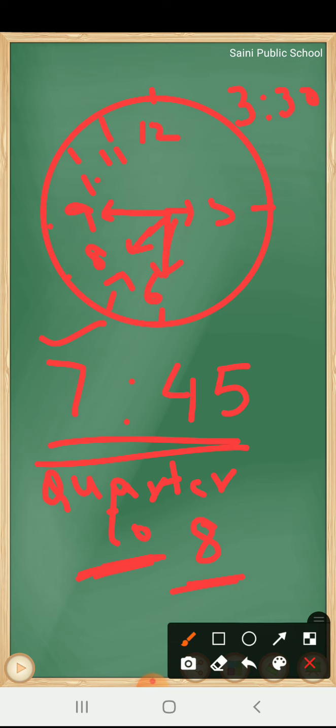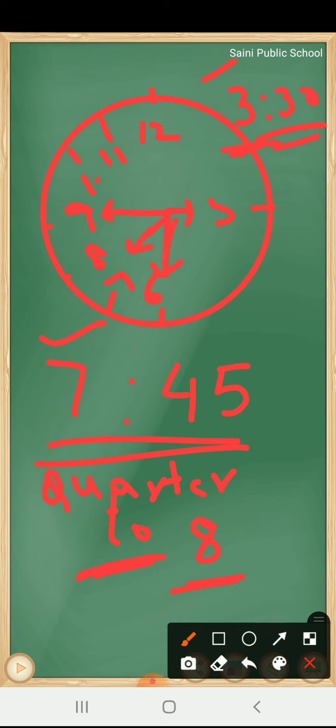Now how can we write it? We can write half past 3, because it is on 6. When the minute hand is on 6, we will write half past, nothing else. In this way we can write half past, quarter to, quarter past.